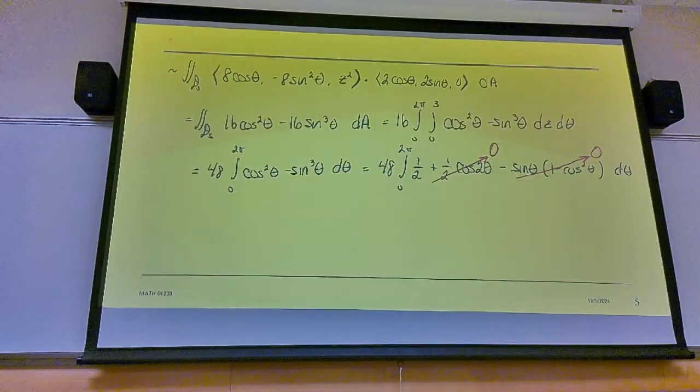So then all you're left with after doing the integral is pi. So that's 48 pi. So what's 36 plus 48? 84 pi is the flux.